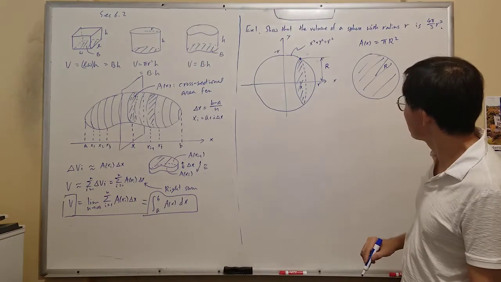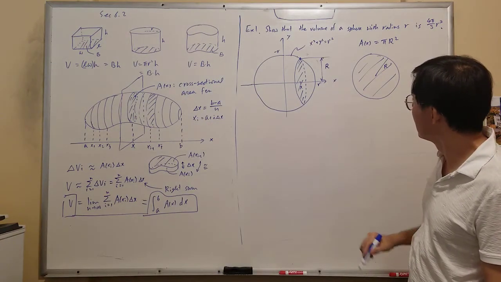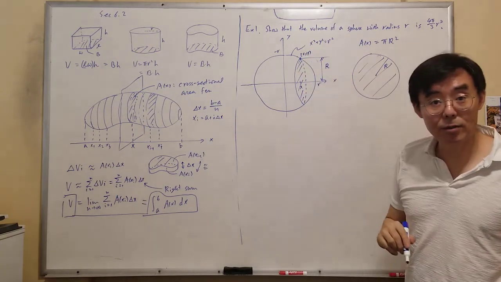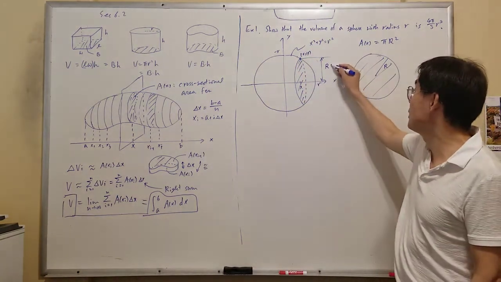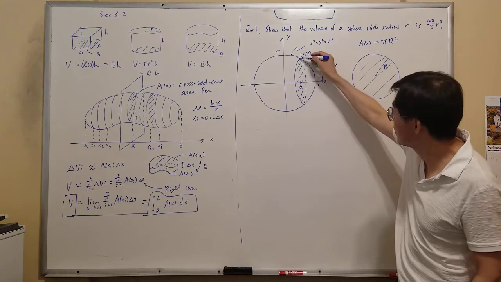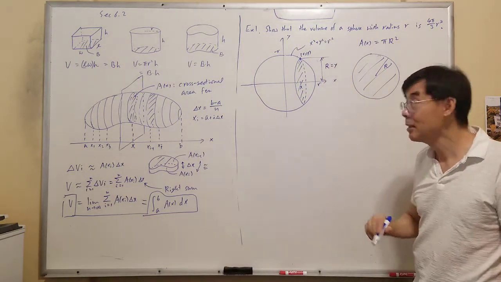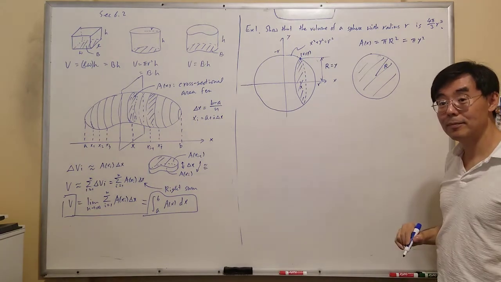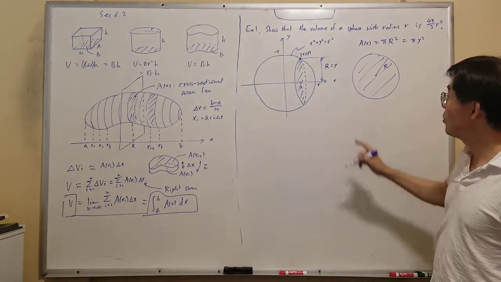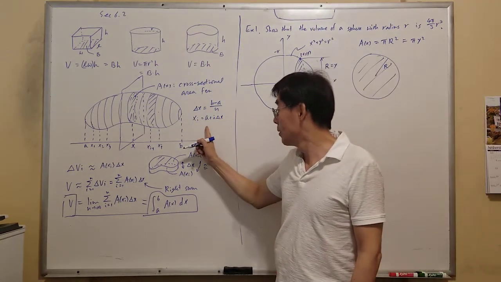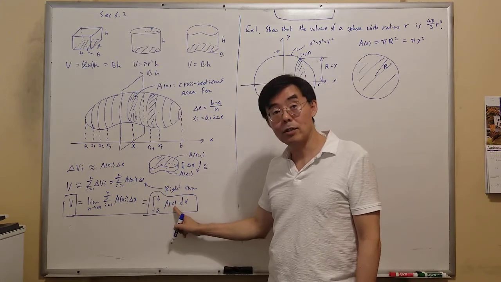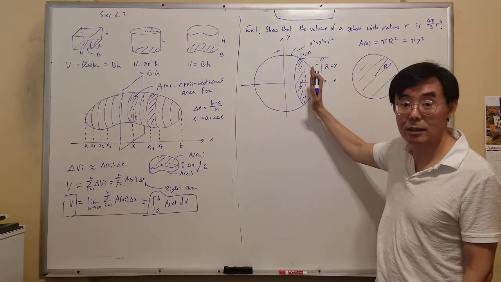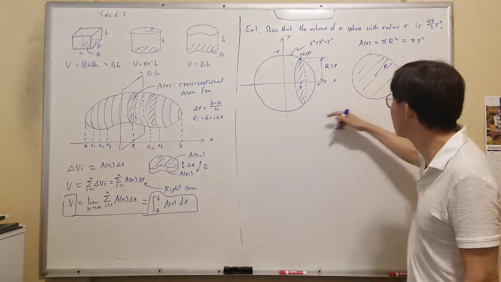Now, what is capital R squared here? When you have a point on the circle, y is actually the y coordinate of this point, isn't it? So pi y squared. But we want to write the cross-section area function as a function of x, because we are cutting perpendicular to the x-axis.